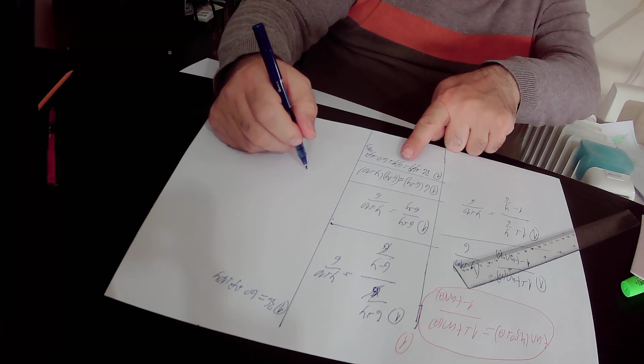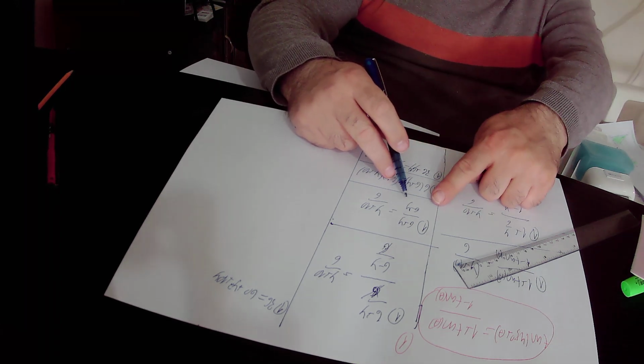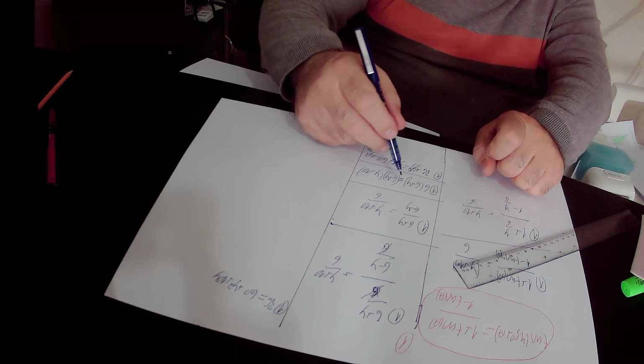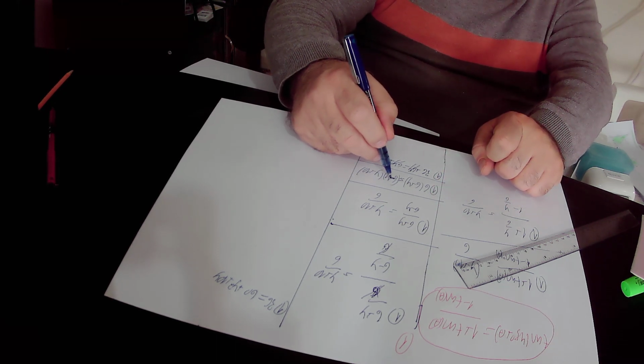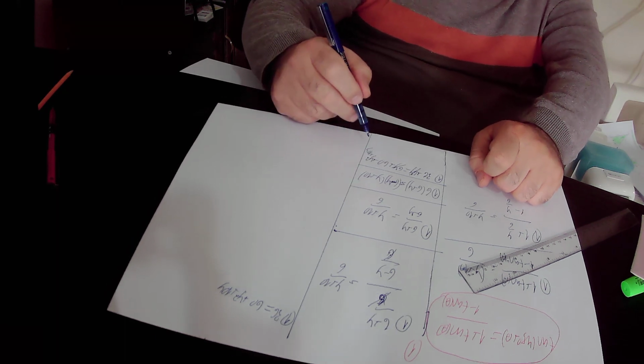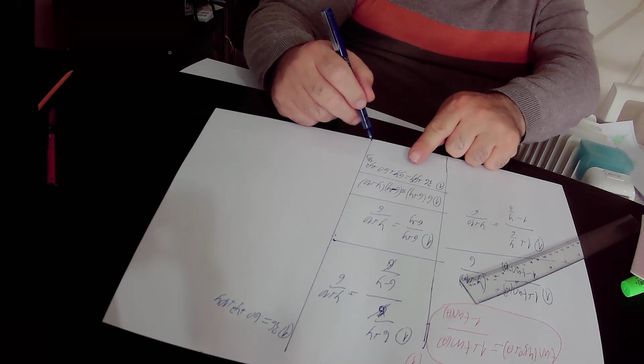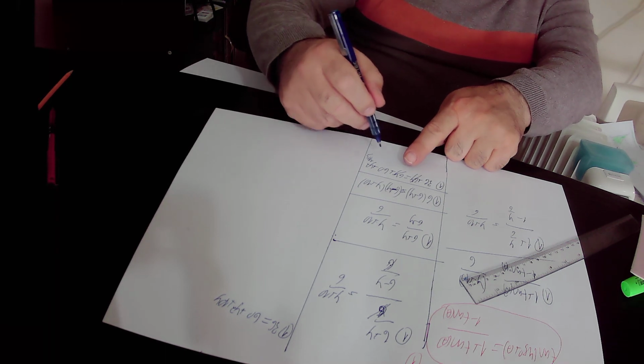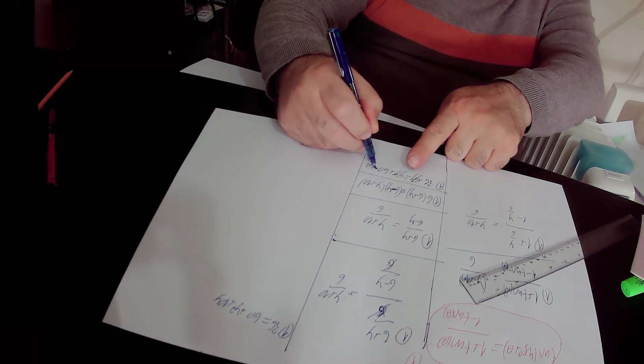Here actually, when we cross multiplied, it is 6 minus y times y plus 10. It is not 6 plus y, but it is 6 minus y. So 6 times y is 6y. And 6 times 10 is 60. And here it is minus y squared.